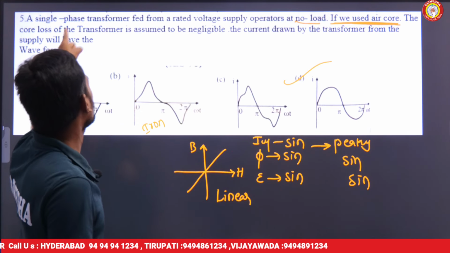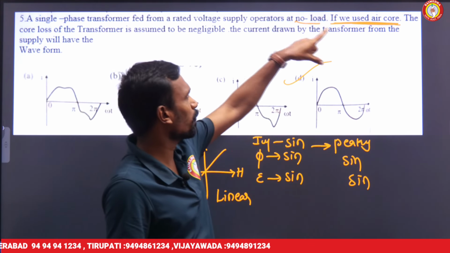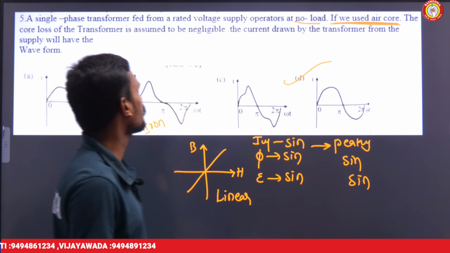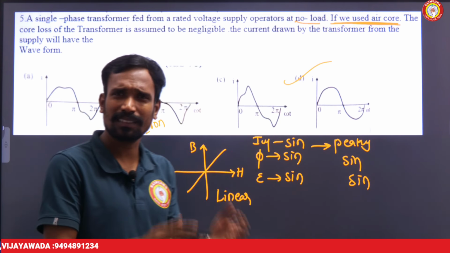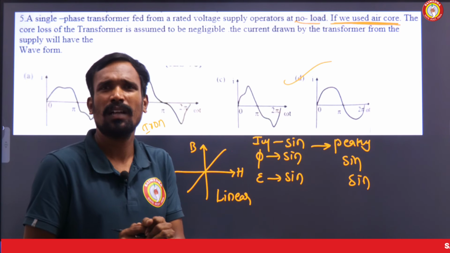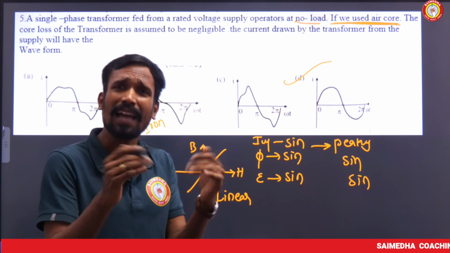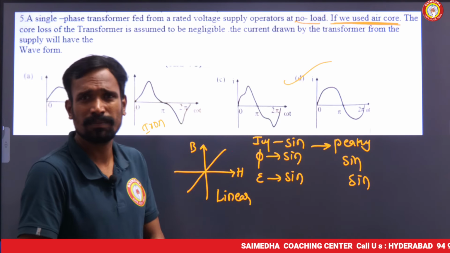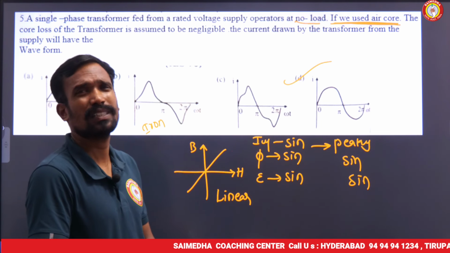Single phase transformer fed from rated supply at no load. If we used air core, the core loss of the transformer is assumed to be 0. They are telling that the core loss is 0, which is an ideal transformer. For an ideal transformer, the BH curve is linear.